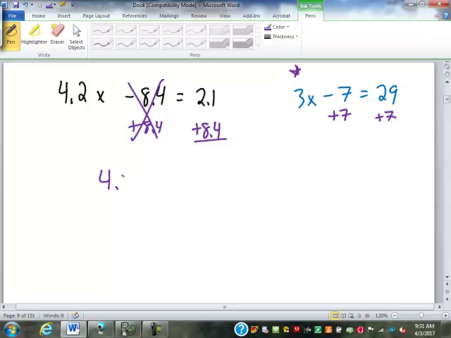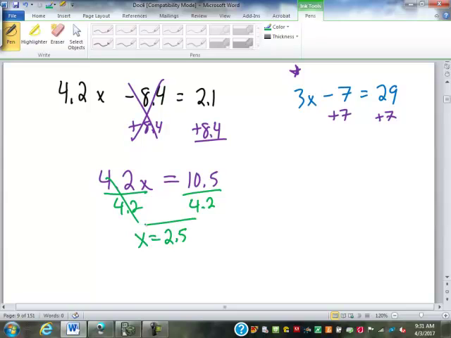We just have 4.2x. On the right side, we have 2.1 plus 8.4 is 10.5. Then what? We divide by 4.2. X equals 2.5. So it's the exact same process.